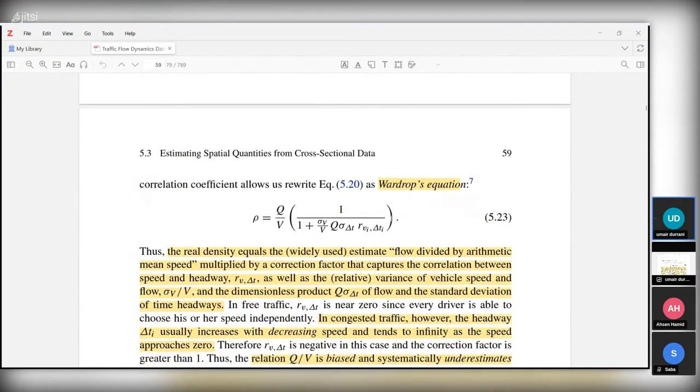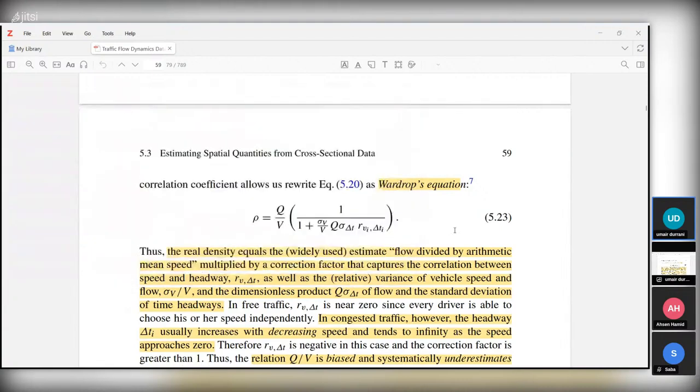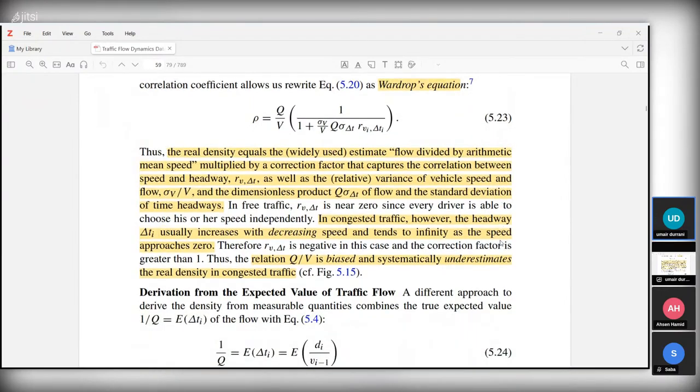And now they've given us something new here, which is called Wardrop's equation, equation 5.20. And equation 5.23 is now using the linear correlation R between the speed and the time headway instead of the covariance. And so here is the description from the chapter.